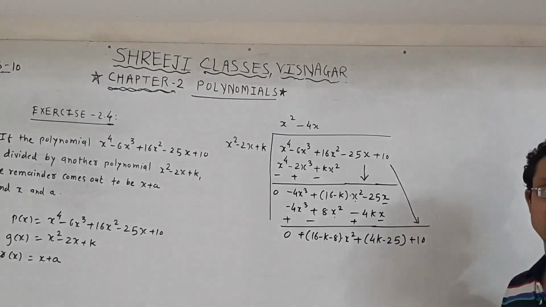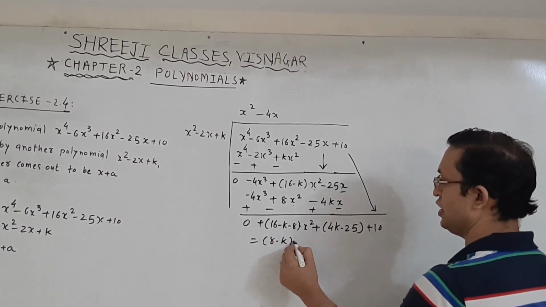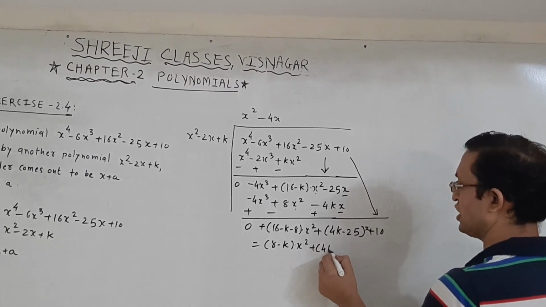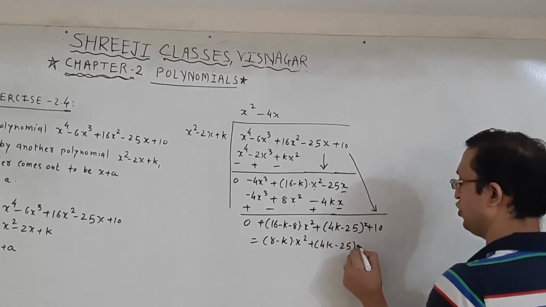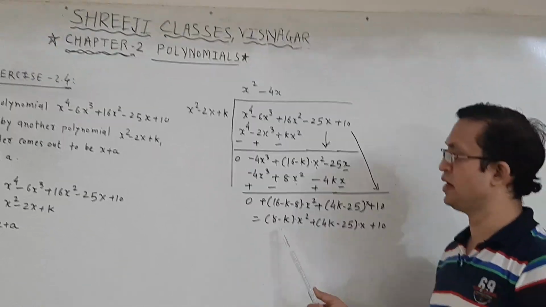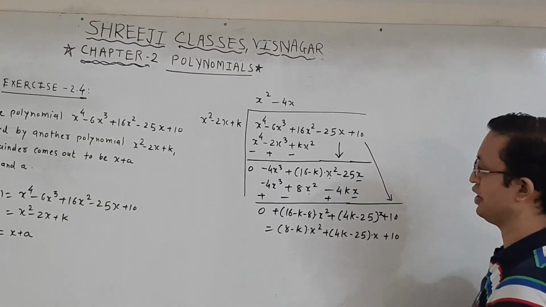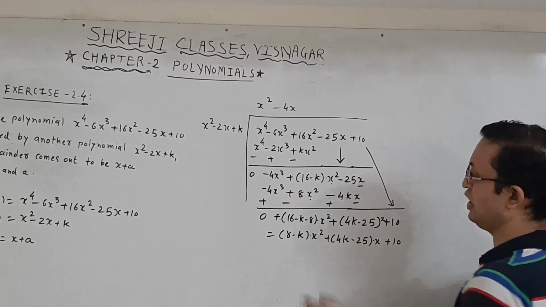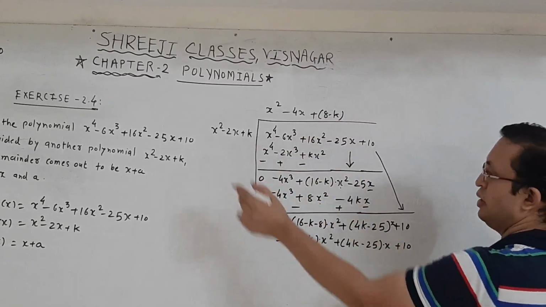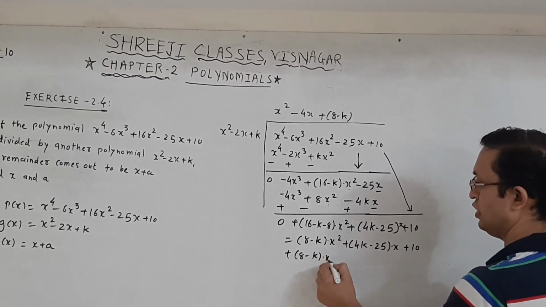16 minus 8 is equal to positive 8 minus k into x square plus 4k minus 25 into bracket x plus 10. Again x square multiplied by the number 8 minus k is equal to 8 minus k into x square.